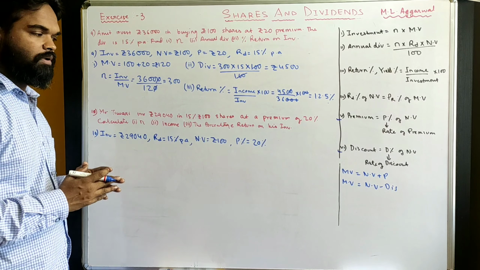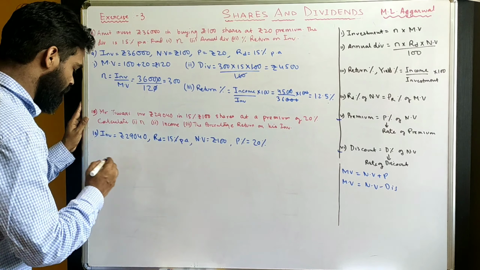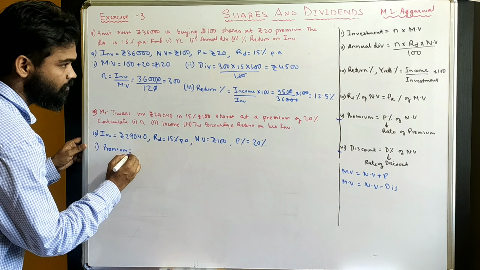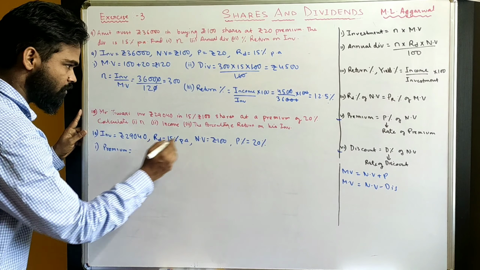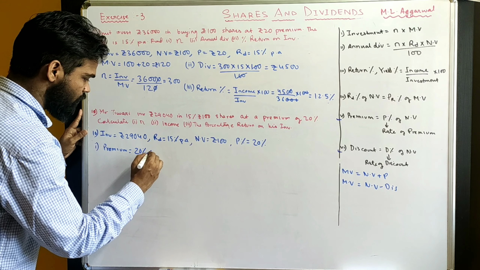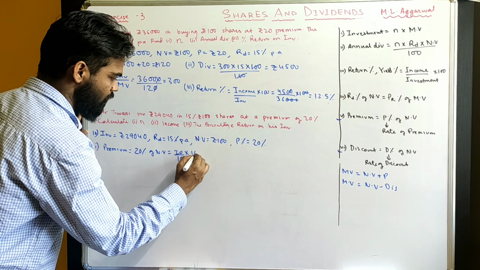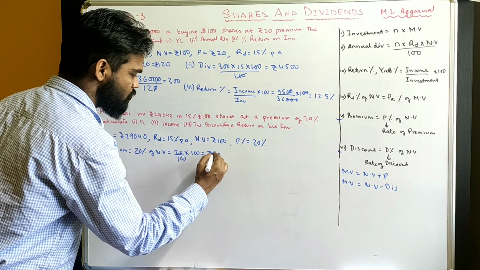Similar to this, just first find the premium. What will be the premium? We have done this, I've written this, P percent of nominal value, which means 20% of nominal value, which is 20 by 100 multiplied by 100, that's rupees 20.